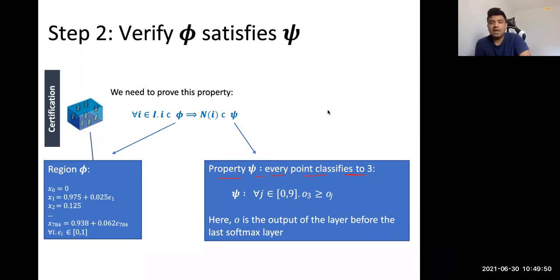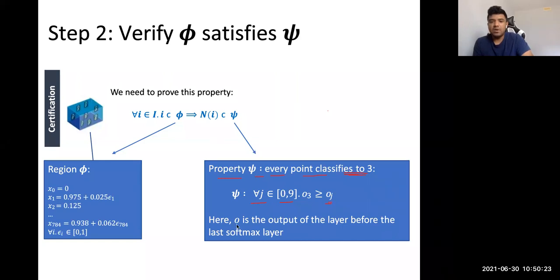We want around our original point, as we are training, as we are trying to make it more robust, we want all the points around it to also classify as 3. So for all values between 0 to 9, the probability of it being 3 should be larger than the probability of it being any other number.